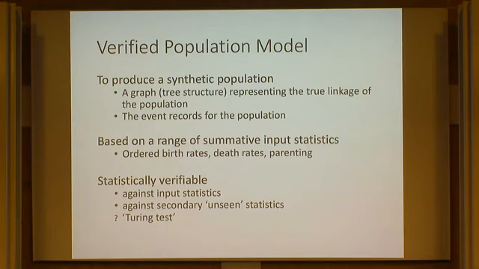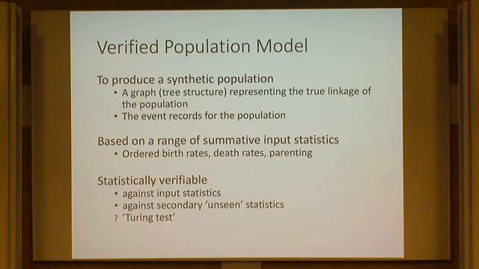And from this, we want to produce event records, or in our case, vital event records. But this could be your GEDCOM format, or a database, or whatever different forms of data output that people actually look to use.